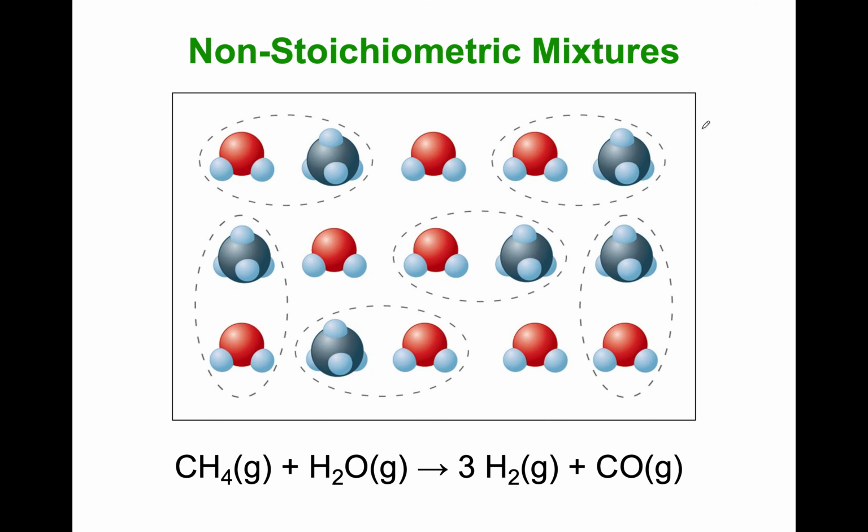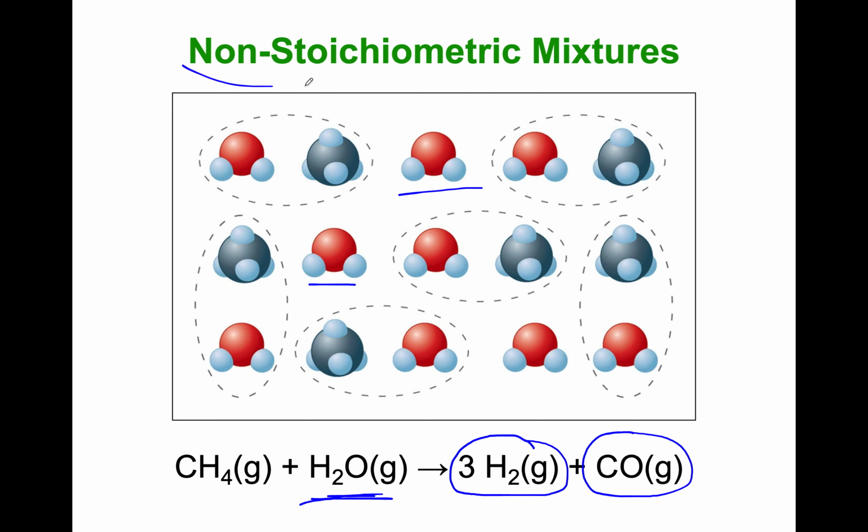Well, again, this is reality. Usually, you have something left over. So the hydrogen and carbon monoxide are formed, but then you also have some leftover water still in the reaction mixture. So this is not a stoichiometric mixture.